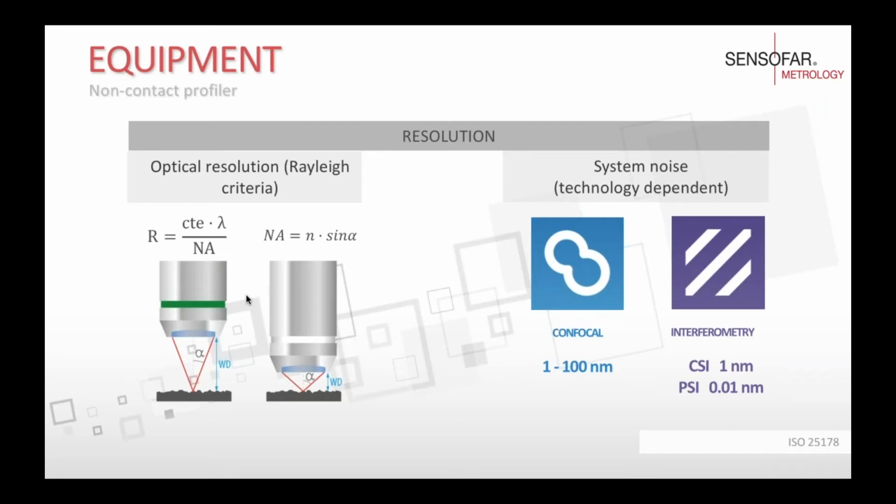So for example, with confocal, depending on the magnification, we will have from 1 to 100 nanometers of vertical resolution, while in interferometry, it's not going to depend on the magnification, but on the technology within interferometry that we are using. So it will depend on whether we use coherence scanning interferometry, or CSI, or phase shifting interferometry, or PSI.